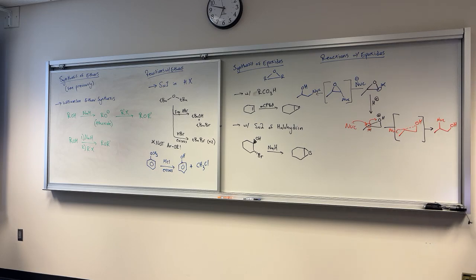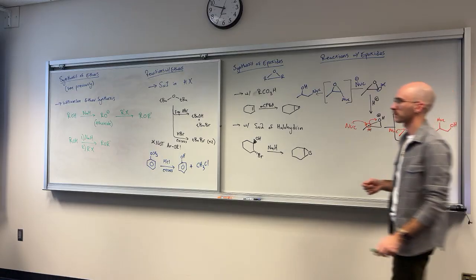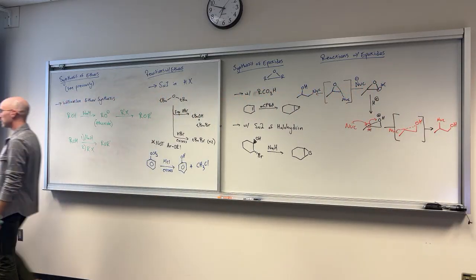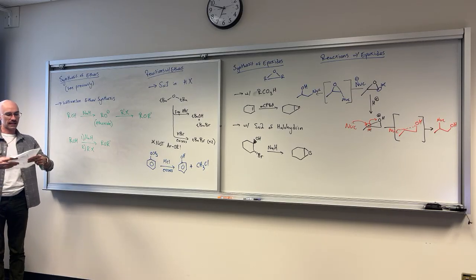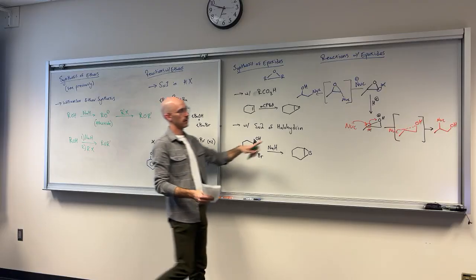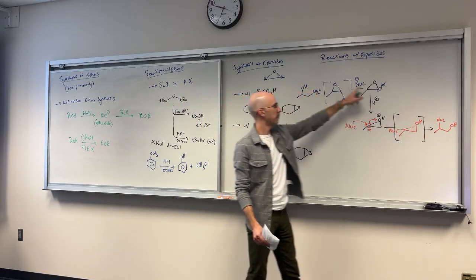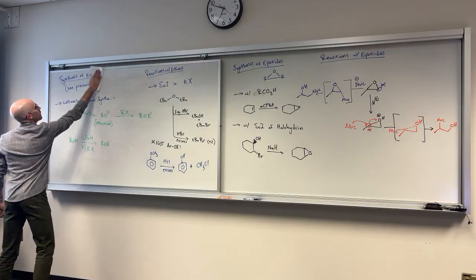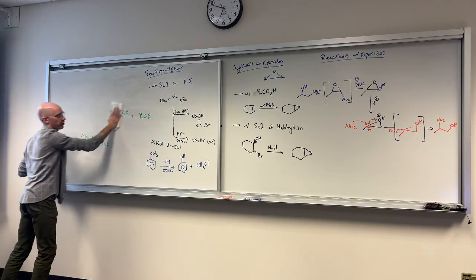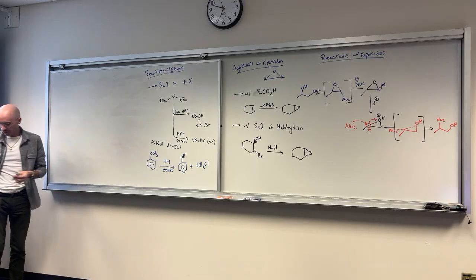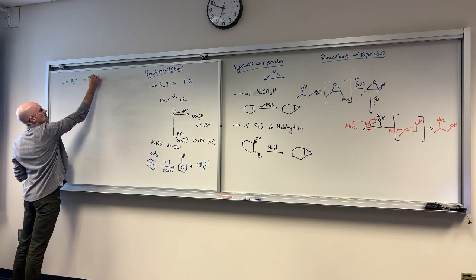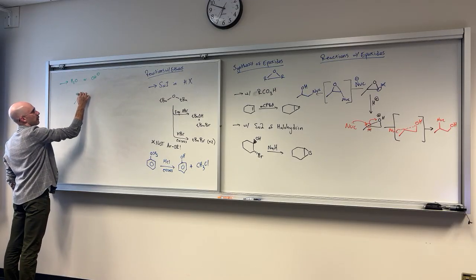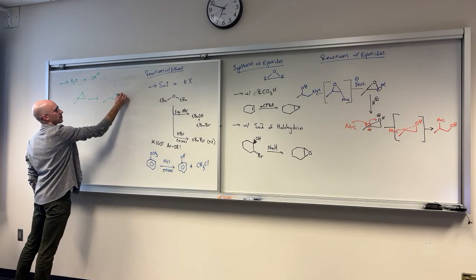So what are the most common nucleophiles that we see? We can see water or hydroxide. That gives us the difference between acidic conditions and basic conditions. If I react with water or hydroxide, I actually can't tell the difference, because either way, my epoxide gets opened into a diol.